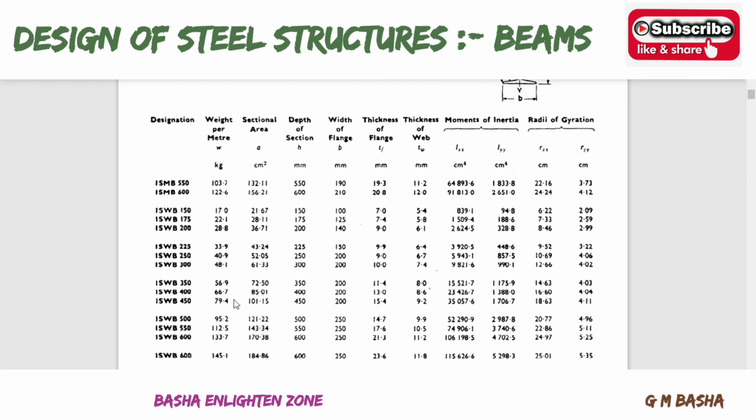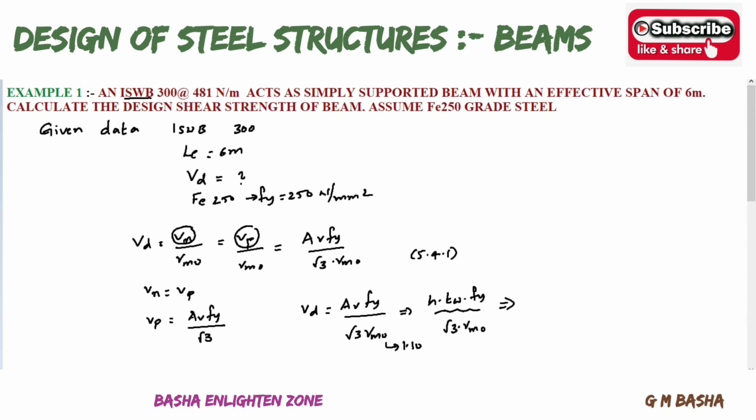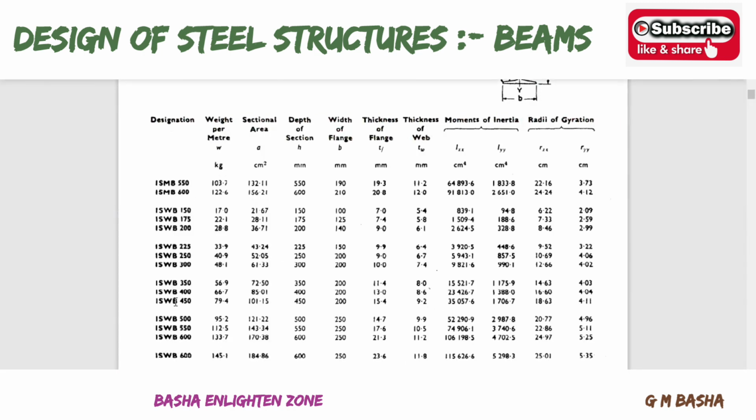This line, I am shading that line here. ISWB 300: the weight is 48.1, sectional area is 61.33, depth of the section h is 300, width of the flange 200, thickness of the flange 10.0, thickness of the web 7.4, Ixx is 9821.6.